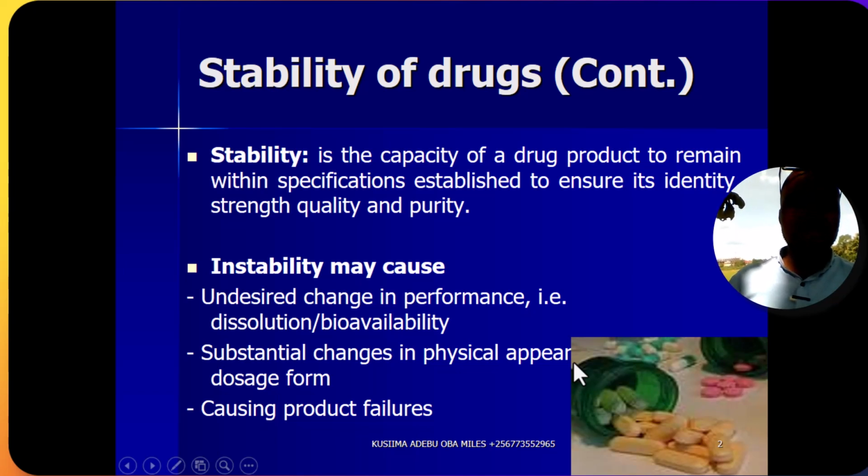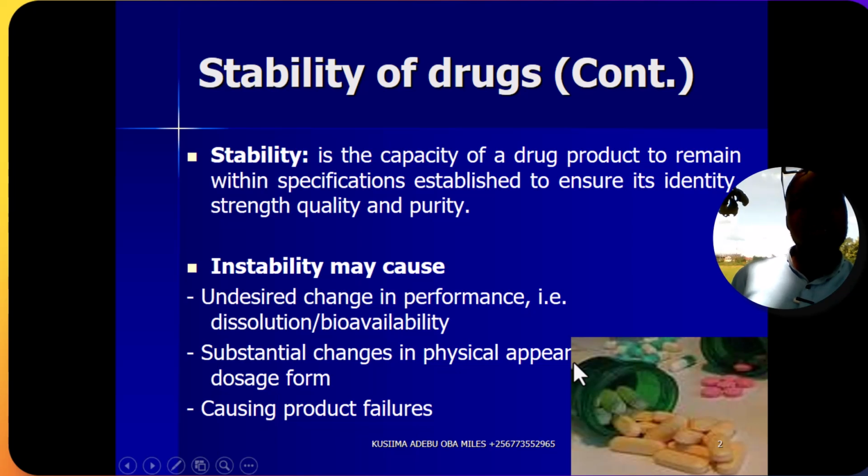If we perform any analytical test, the strength of the medicine that it had at the time of manufacture should be retained for stability to be ensured. So you should be able to maintain all the physical, chemical, and microbiological specifications that a given product possessed at the time of manufacture.